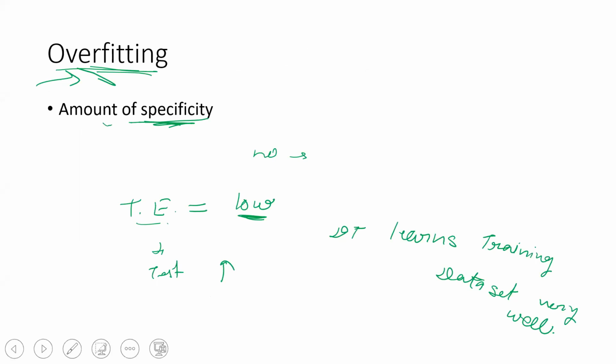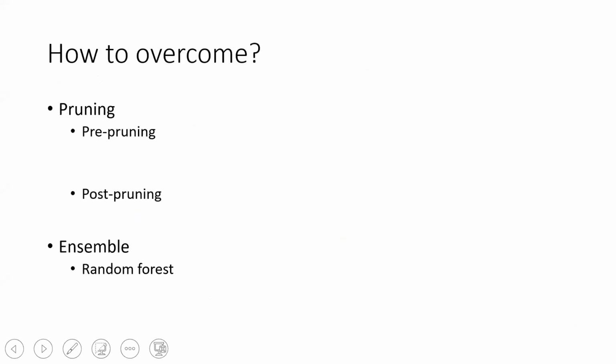Okay, so how to overcome the overfitting here? There are two methods. One is called pruning and one is called ensemble. Ensemble we are going to cover in a later week. And pruning has two types. Pruning is just cutting down the tree. So there are two methods: pre-pruning and post-pruning.